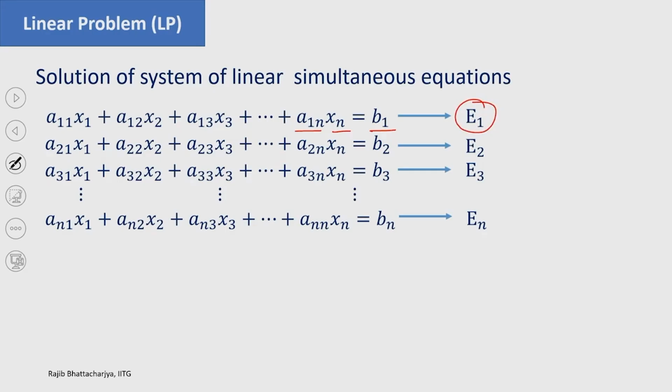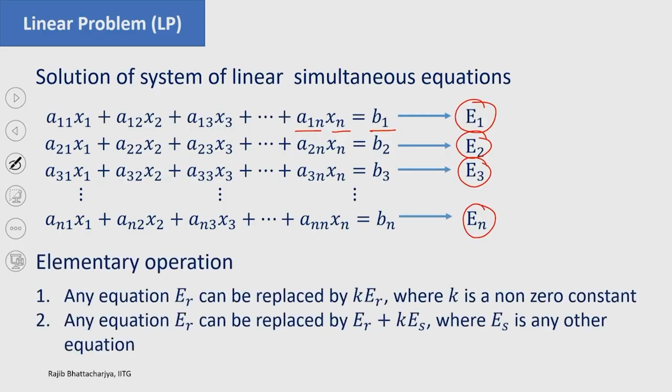Similarly, I have another equation E2, then E3, and in total there are n equations. So in this problem we have n variables and n equations. I would like to find the values of x1, x2, x3. I would like to solve these linear equations.